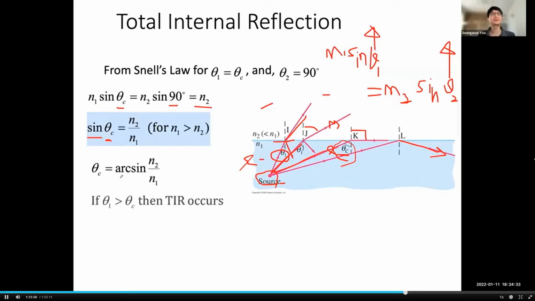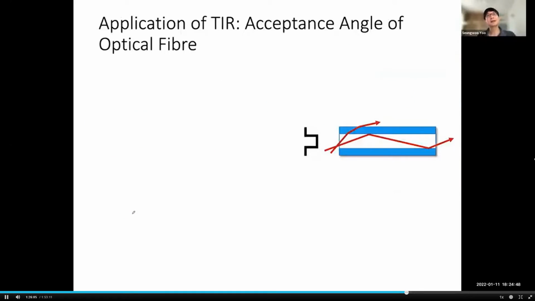So if the incident angle gets greater than the critical angle, then we can induce this total internal reflection. The most successful application of this total internal reflection is actually the optical fiber, which supports our internet today.